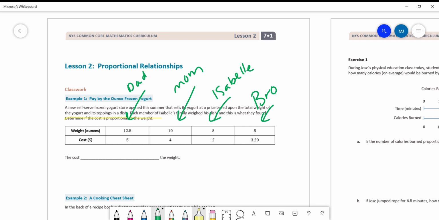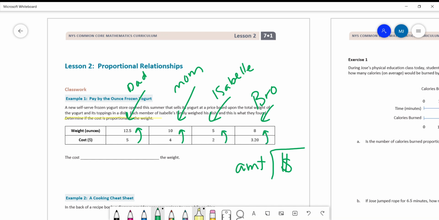So if you remember back to lesson 1, we've talked about how we need to take money and divide it by the amount we're given, whether that's packs of pencils or in this case, cost of yogurt. And so doing that, we can take the bottom number here and divide it by the top number.